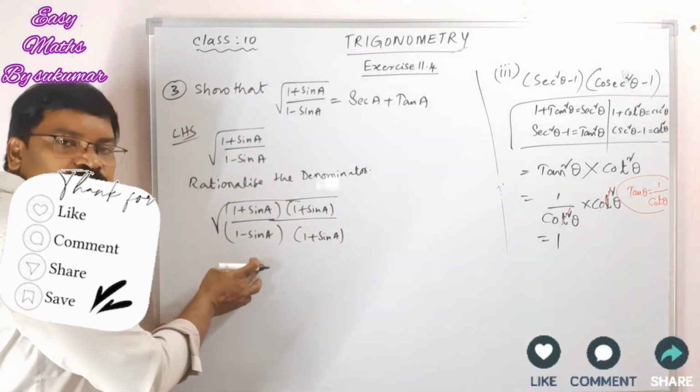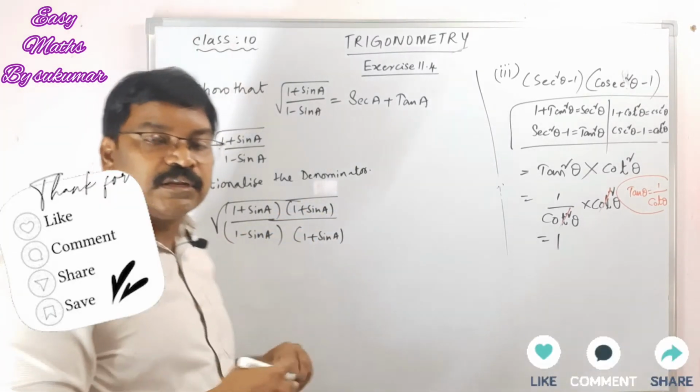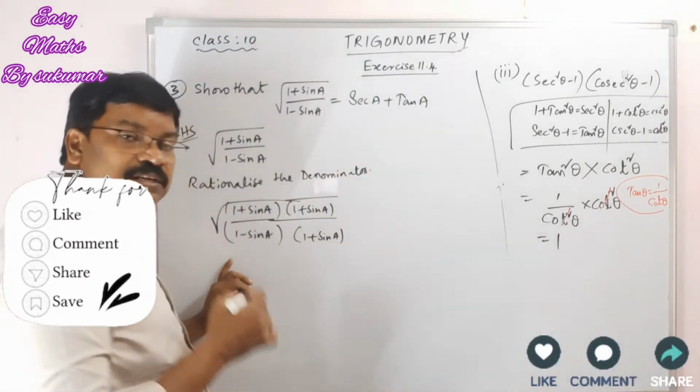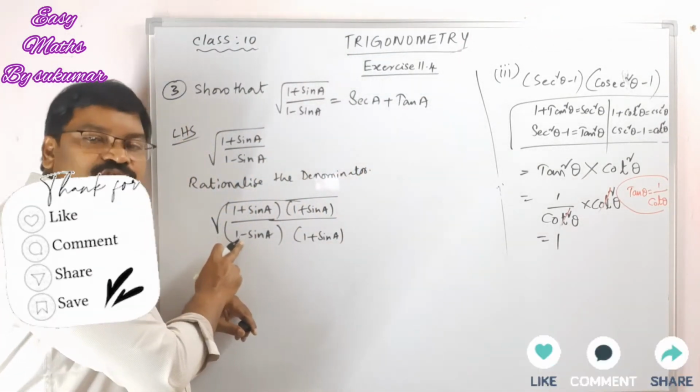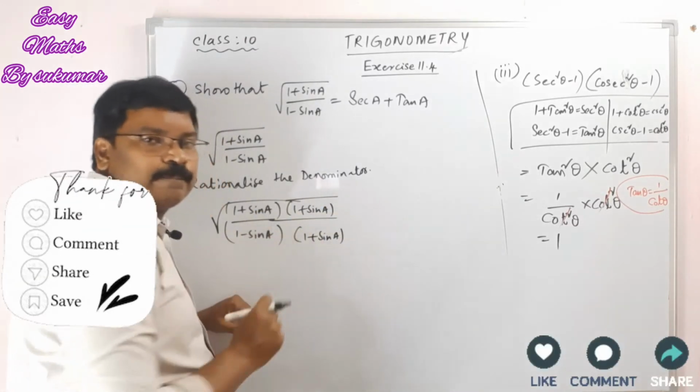Just multiply 1 plus sin A and 1 plus sin A with both numerator and denominator, right? Why? The reason here is the rationalizing factor of 1 minus sin A is 1 plus sin A.